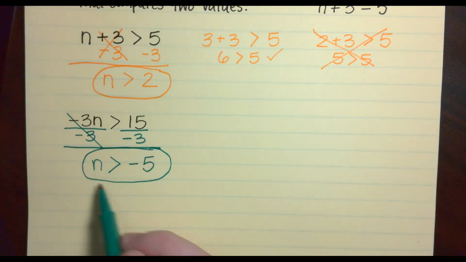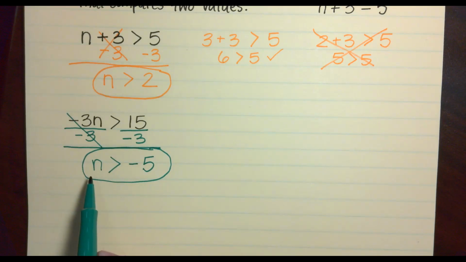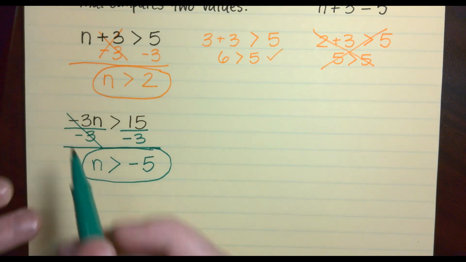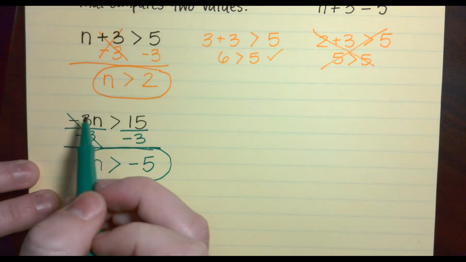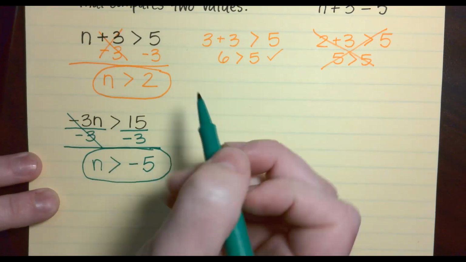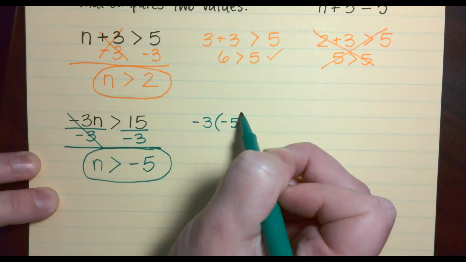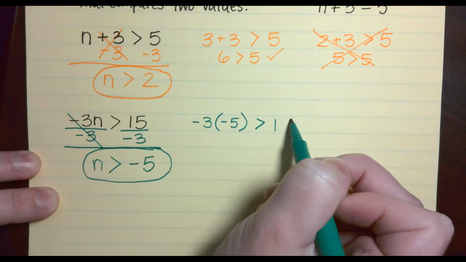So in this case, n is any number that is bigger than negative 5. Could n be negative 5? No, it could not. Because if I plugged negative 5 into this inequality, I would get negative 3 times negative 5 is greater than 15.